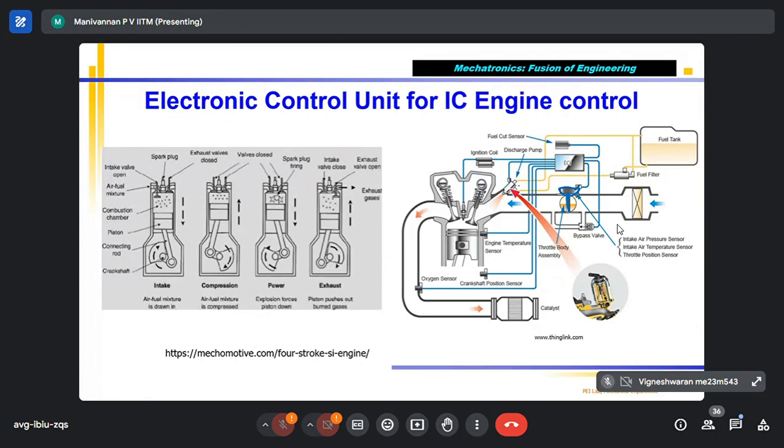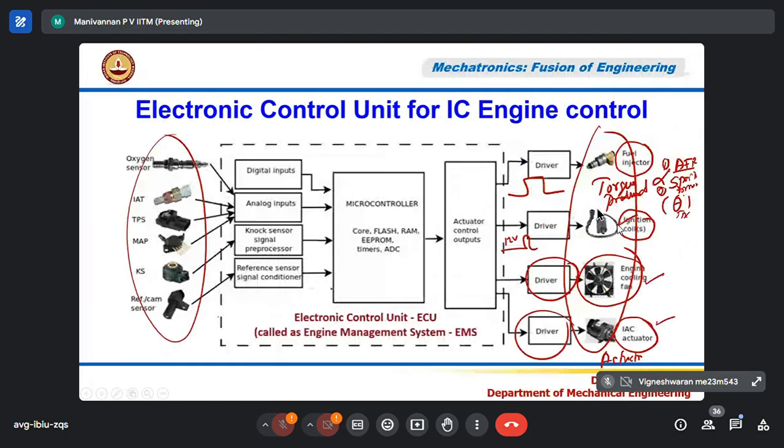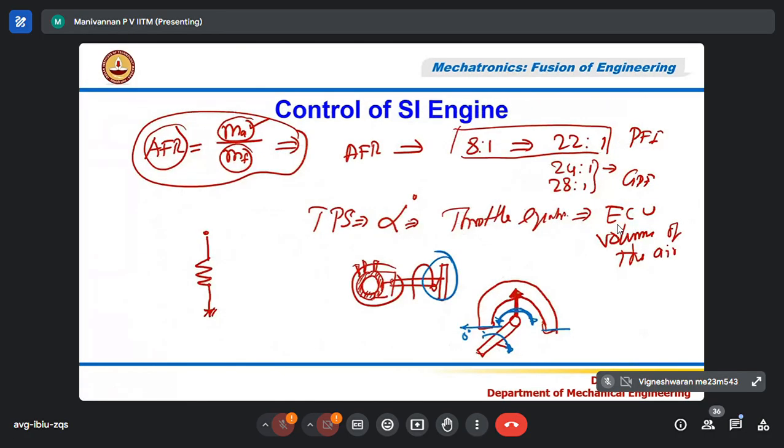So when the butterfly valve rotates 0 to 90 degree, this is called the movable contact. This is nothing but the carbon track.